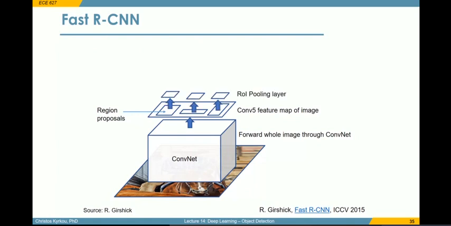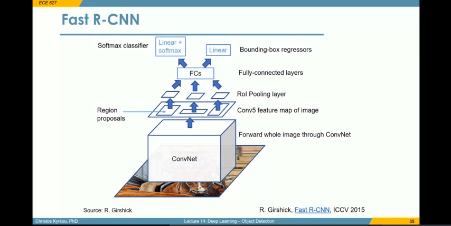So we again use a method called ROI pooling, region of interest pooling, to make sure that our outputs have the same shape. And we form a feature vector by passing these through a fully connected layer, and we then regress the class and the bounding box of each of these proposals.